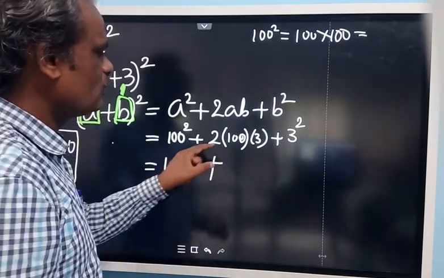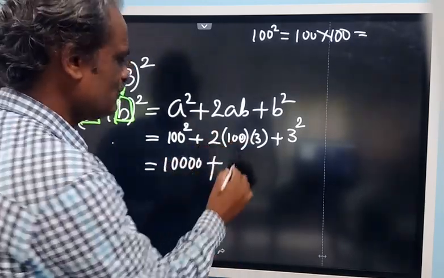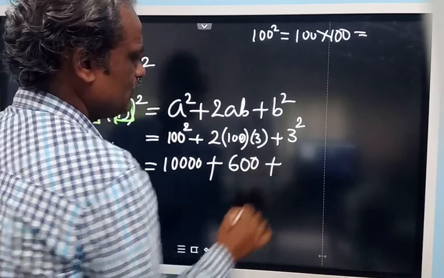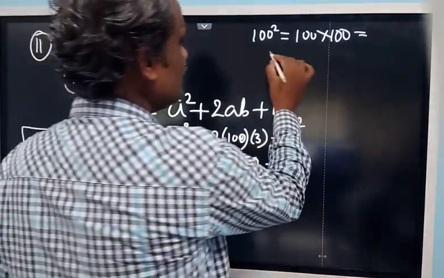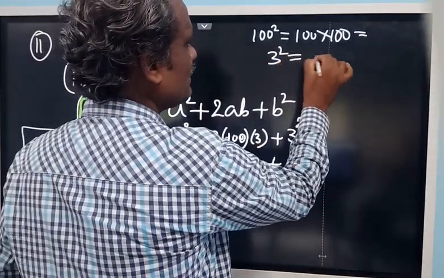Plus 2 into 3, 6. 6 into 100, 600. Then 3 square can be written as 3 into 3.